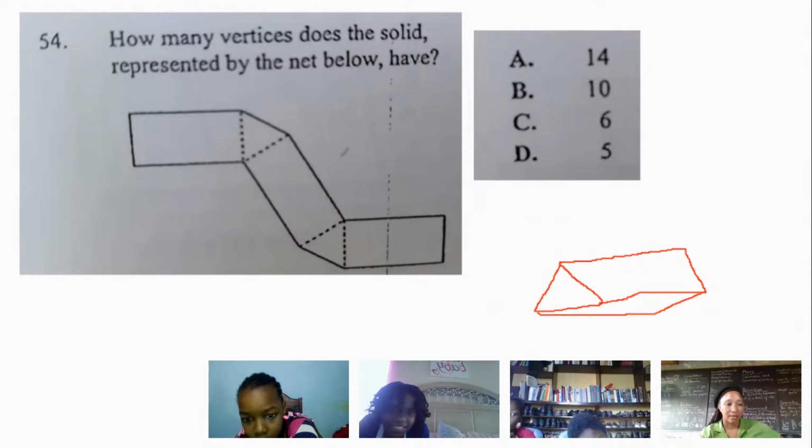Miss, we can't see where you're counting. Oh, sorry. Hold on. Let me check something. You can't see where I'm pointing? No, miss. How come? We don't see a mouse, miss. Hold on. Let me try again. You can't see my mouse here? No, miss.